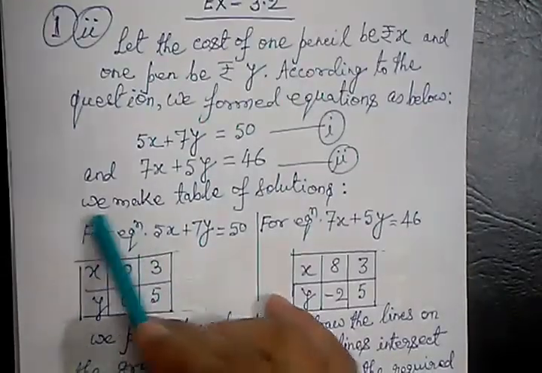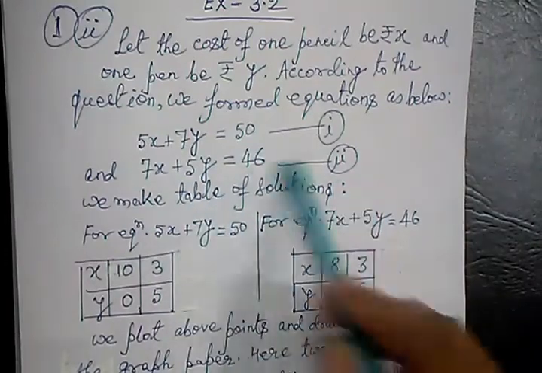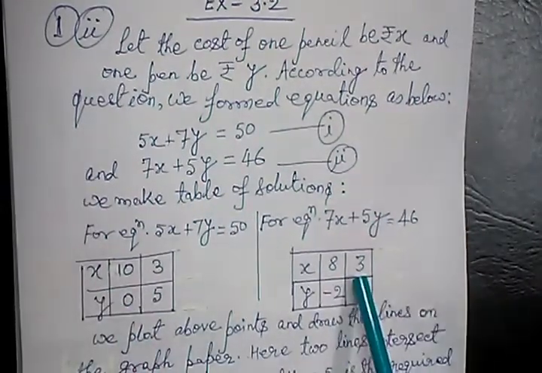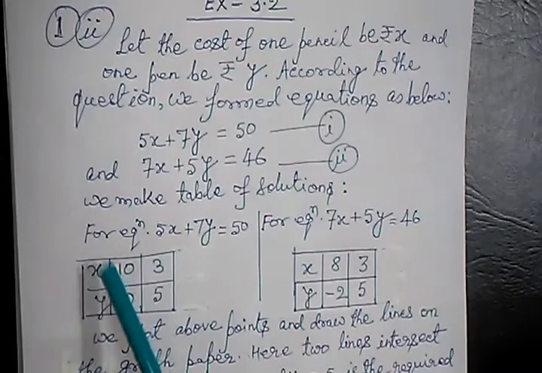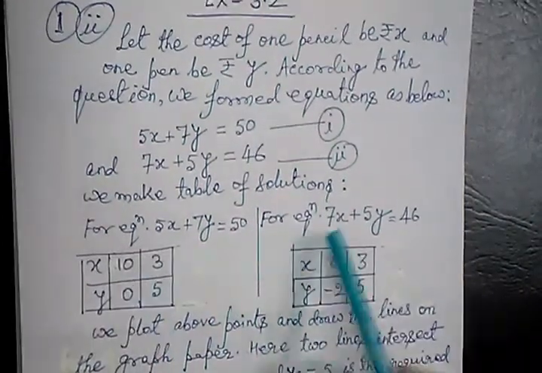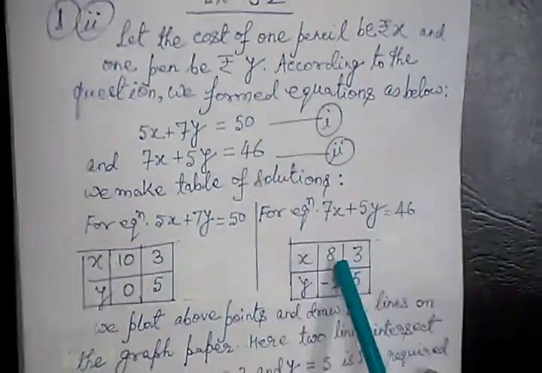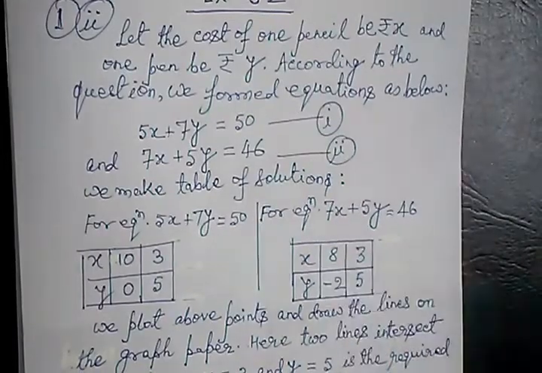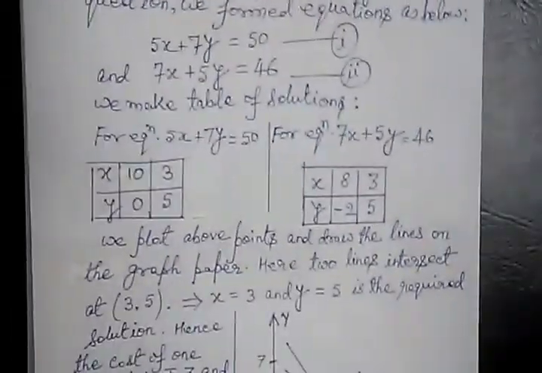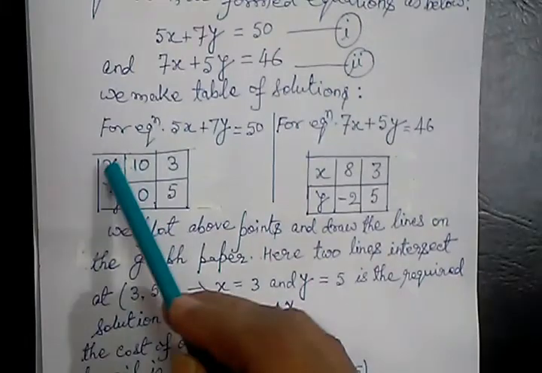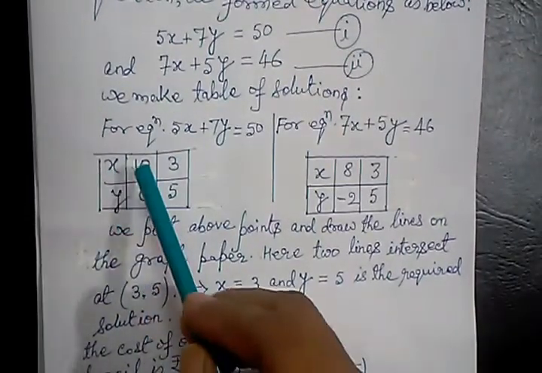Now we will make a table of solutions. Here is the table of solutions, a separate table for equation number 1 and a separate table for equation number 2. In this table we have taken x equal to 10.